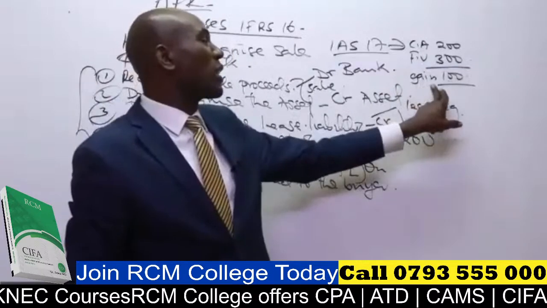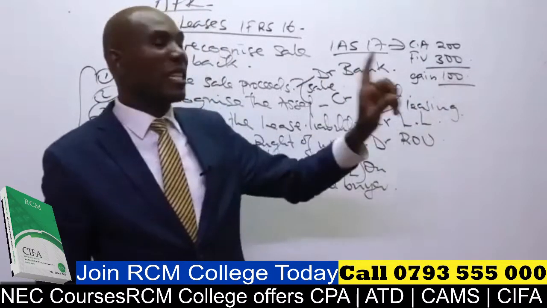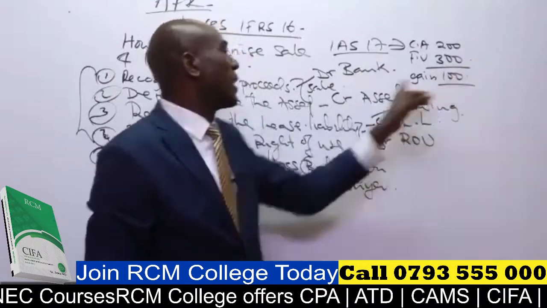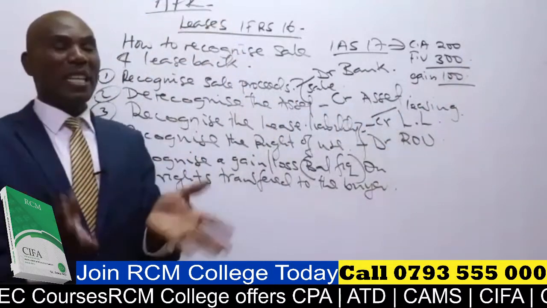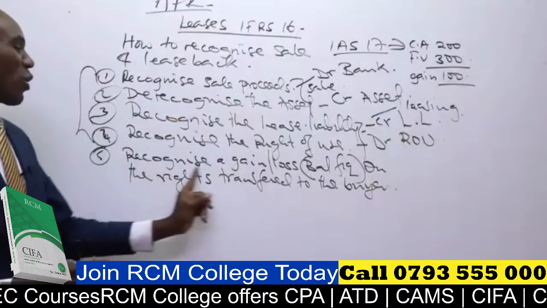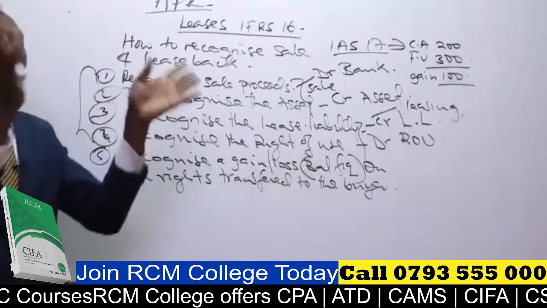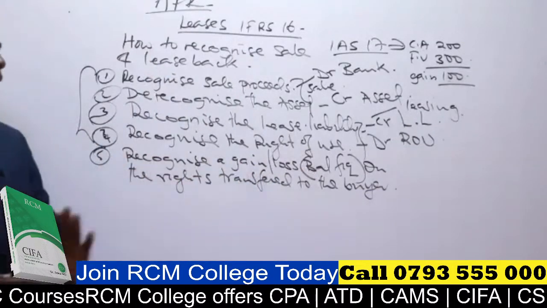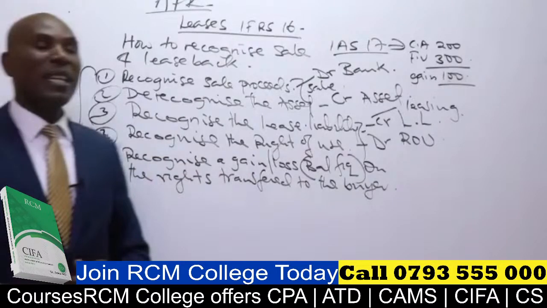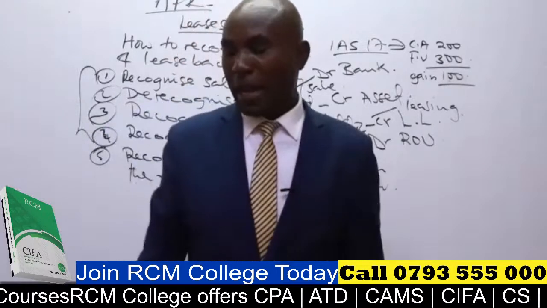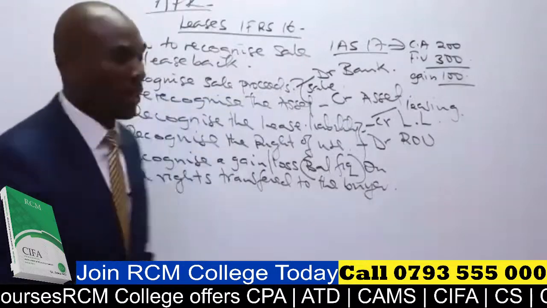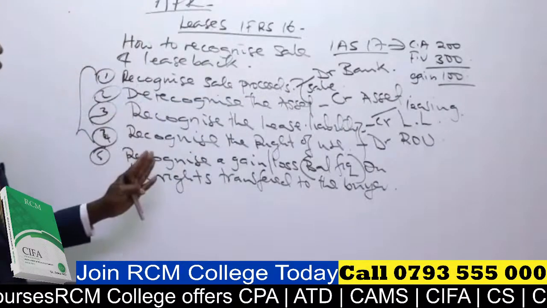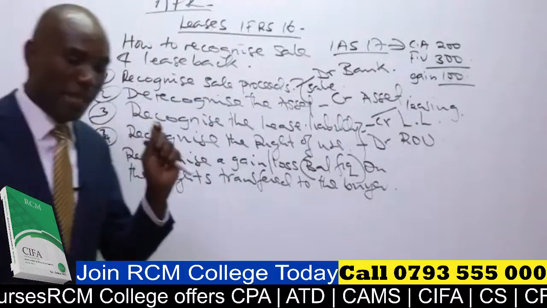That's why, according to IFRS 16, we are not going to recognize the total gain from the sale of the asset, but you are going to recognize gain or loss as a balancing figure on the rights transferred to the buyer. I believe when we go there, you will have that concept. Therefore, this is how you are going to recognize sale and leaseback.